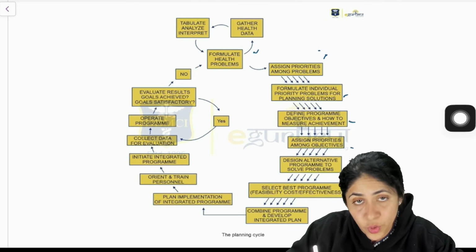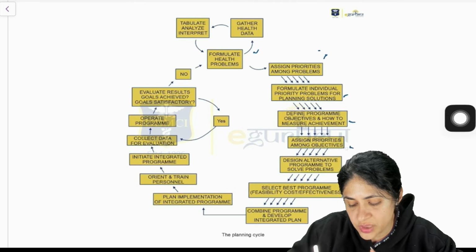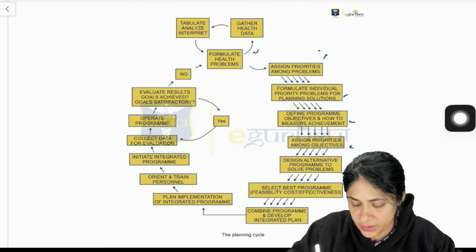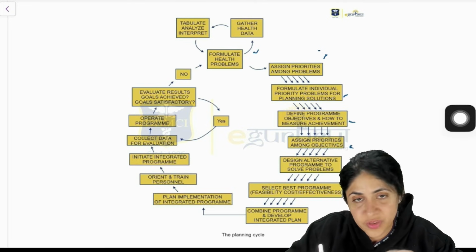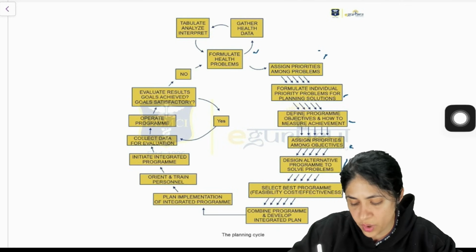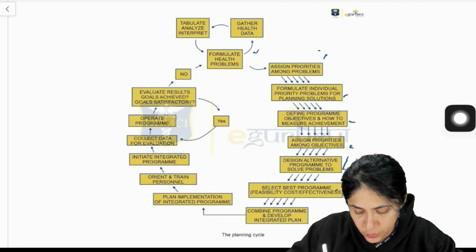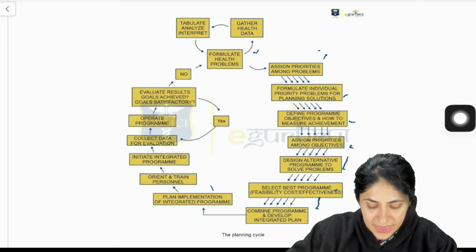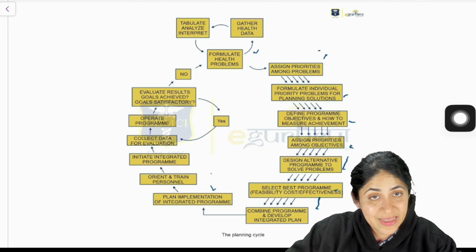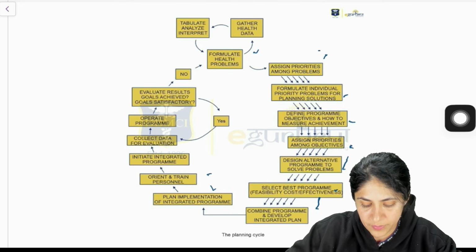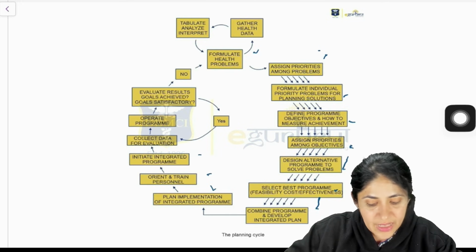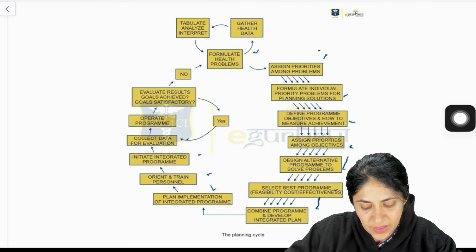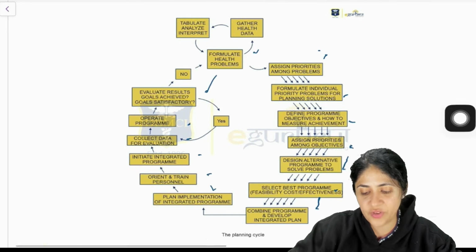From your aims and objectives, which objective do you want to give priority to? Then if this planning fails, what is the alternative program? Select the best program, combine the programs and make an integrated plan. Plan the implementation, train the people who will run the program, orient them, initiate that program, start the data evaluation, collect the data, operate the program, and see if your results were satisfactory or not.